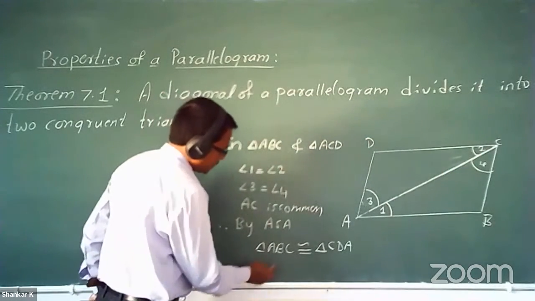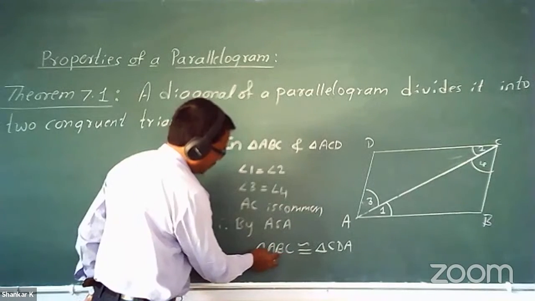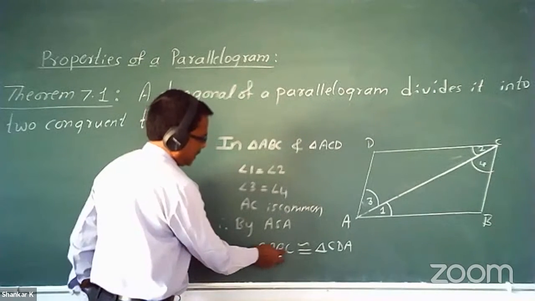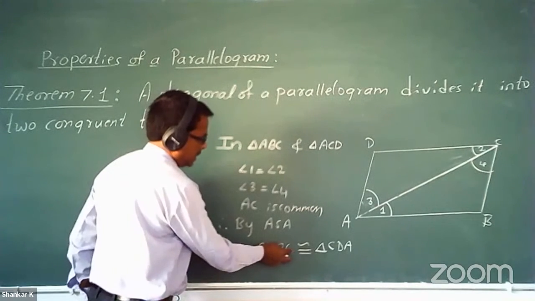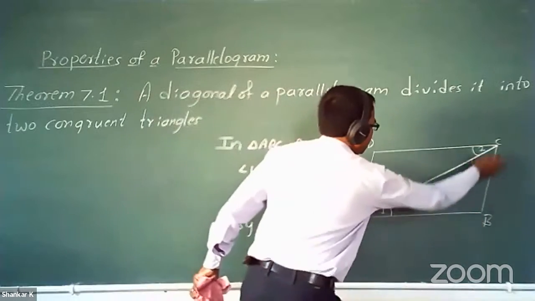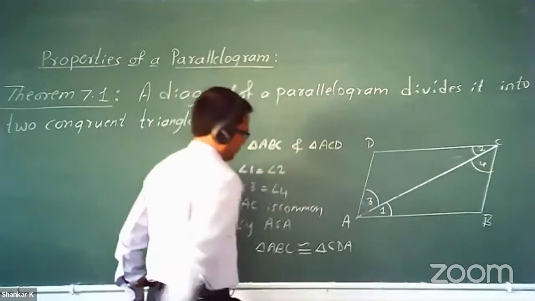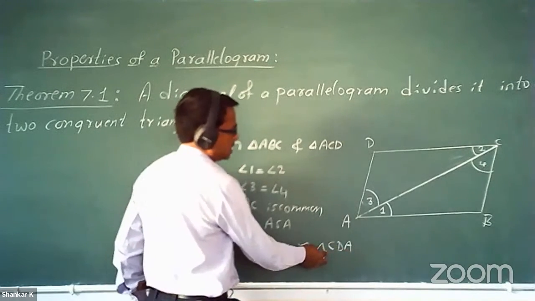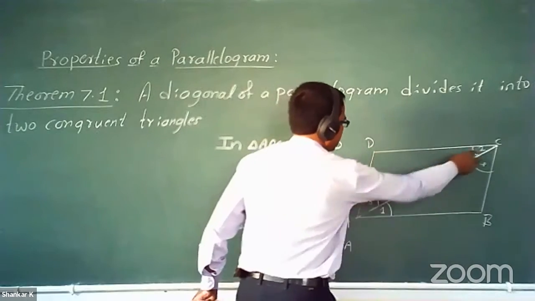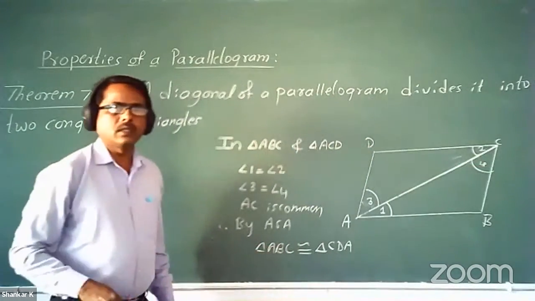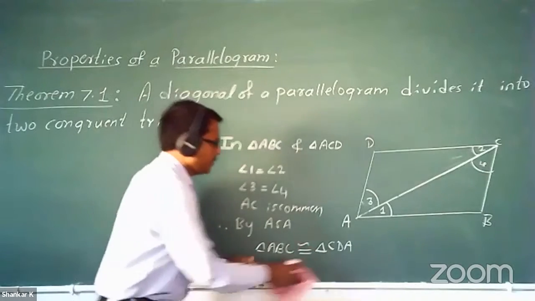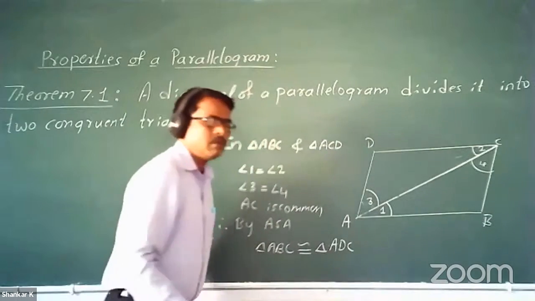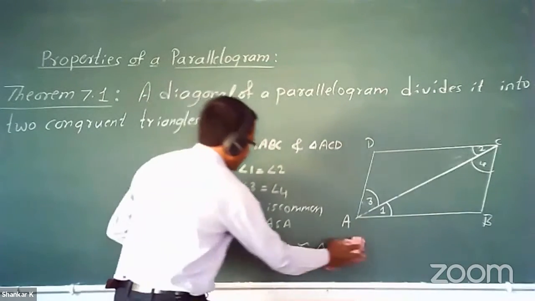BCA is angle 4, BAC is angle 3, and 4 and 3 are equal. It should be written that way. If you write ADC instead, it will not be correct. Understood now? Have you understood, students?